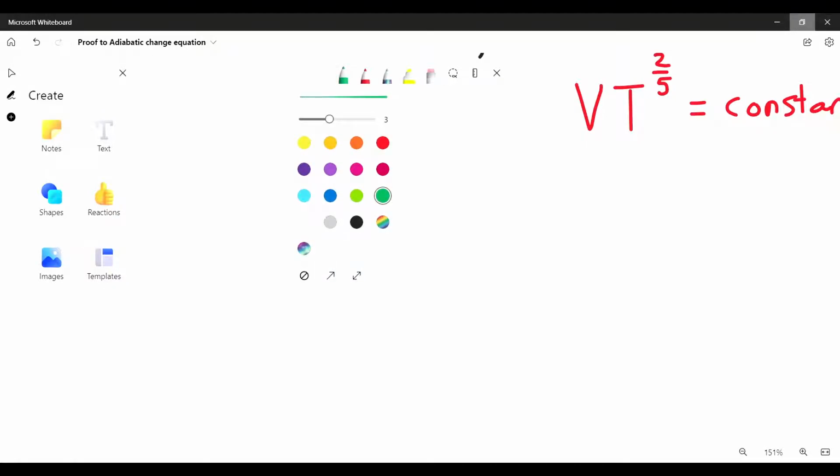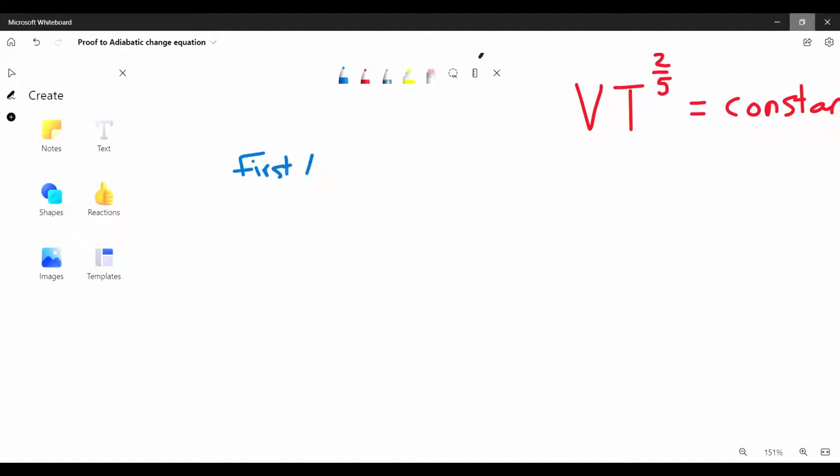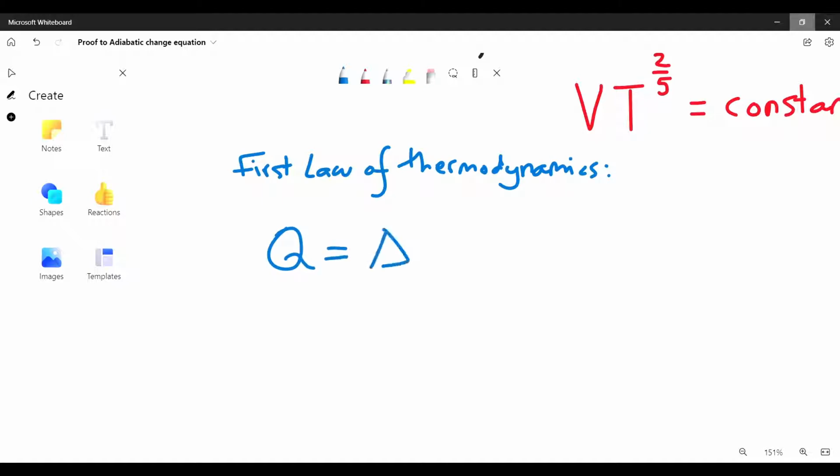So I'll use blue for the first law. And we know the first law of thermodynamics, so I can write here: first law of thermodynamics is the conservation of energy, which in the thermodynamic system is written in this form, where Q is the heat supplied into the system, delta U is the change in internal energy of the system, and the work done is work done by the system.